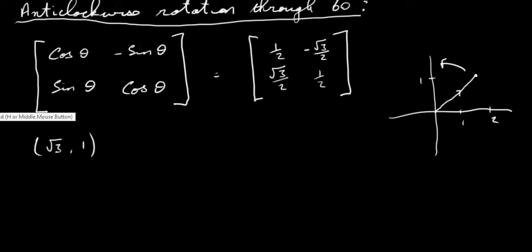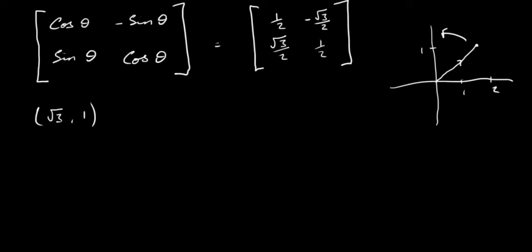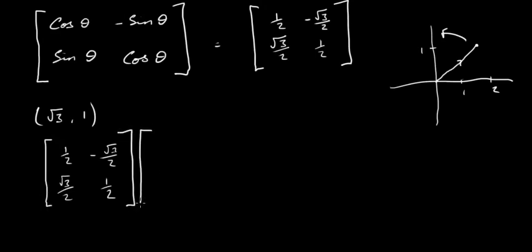Okay, so let's just do that first. We're going to take a half, root 3 over 2, minus root 3 over 2 and a half. This is our transformation matrix, and we are going to use it on the point root 3, 1. So what do we get if we do this? Well, we've got to take a half, multiply it by root 3, so that'll give me root 3 over 2.